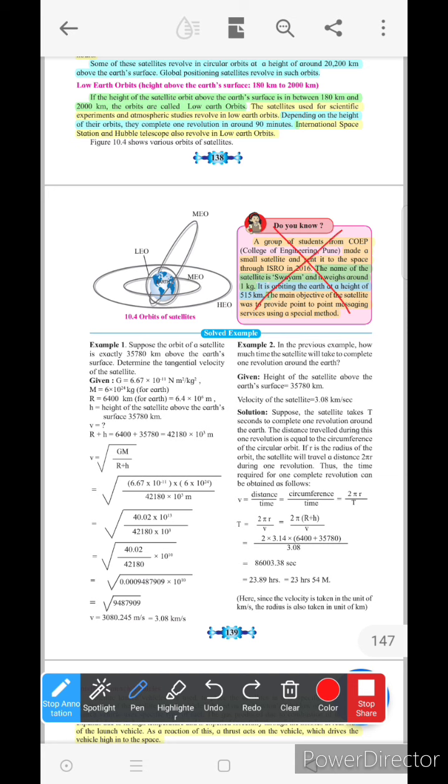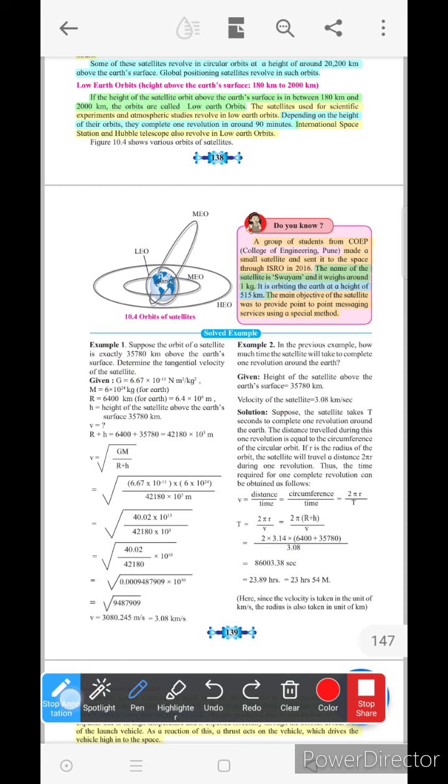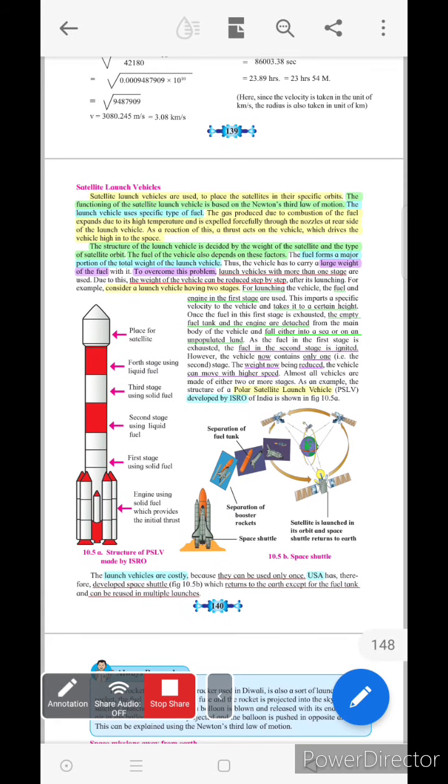And the example 1 and example 2, the whole examples are removed from this page. Here on this page only the diagram is important, and we have already told you that this diagram is important for you. So we will move on to the next page, page number 140.